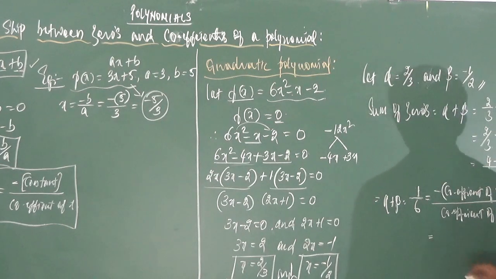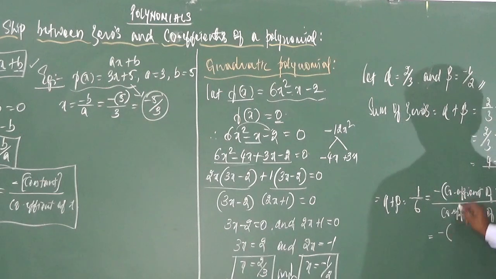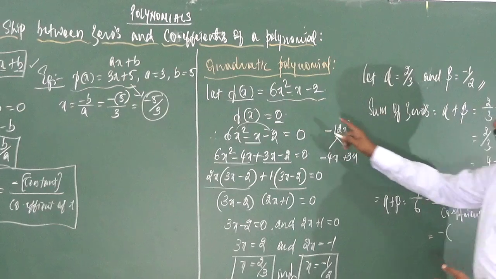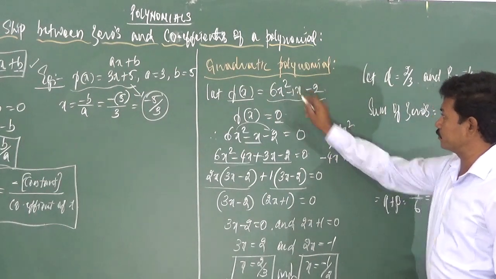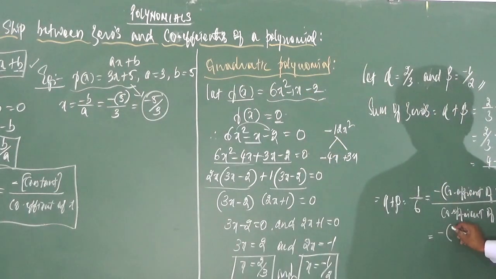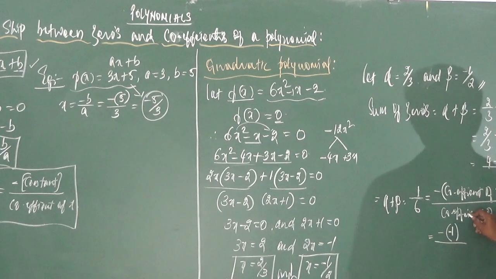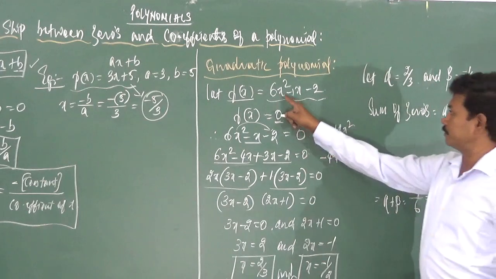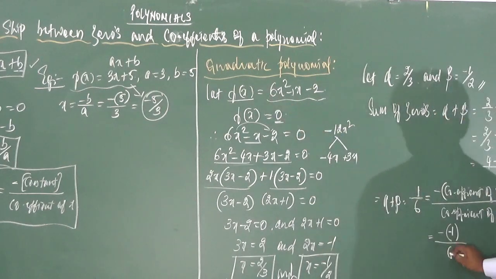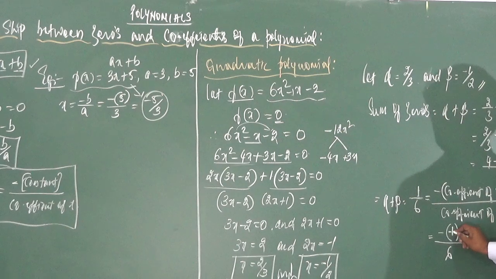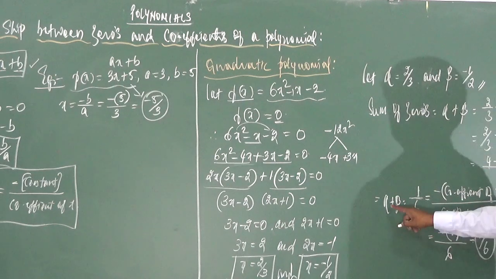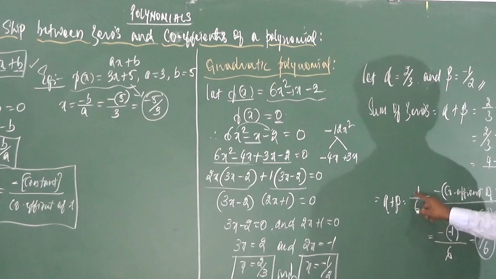Minus coefficient of x, I will write the sign. Coefficient of x is minus 1 here. So I will take minus 1 by the coefficient of x square. Coefficient of x square is 6. So minus into minus is 1 by 6. So this is how we get alpha plus beta is equal to 1 by 6.